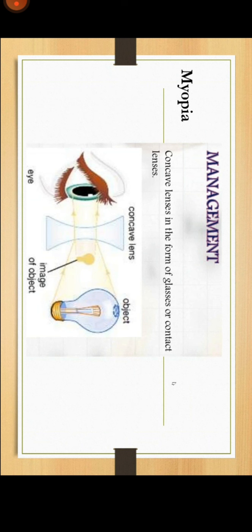Therefore, more refraction occurs and the light from the distant objects is bent more, or converged more. Therefore, it will meet at a point near to the lens, instead of falling on the structure behind, that is the retina, because the power of the lens is increased.